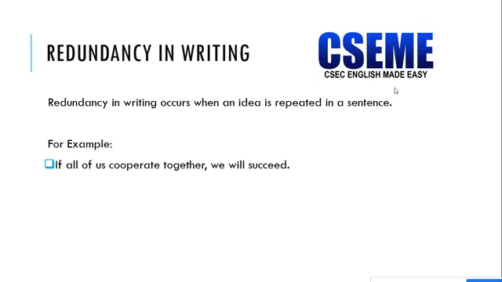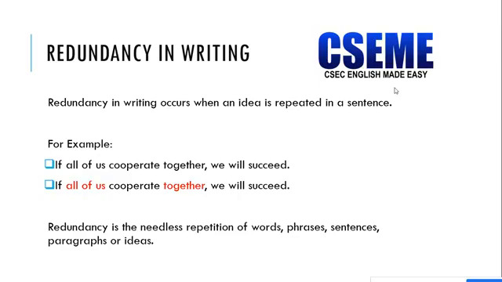Cooperate means to work, right? Together, and then you have all of us together. So it's all of us, it's cooperate together. All of us cooperate, we will succeed, right? So you guys are clearly identifying the errors.